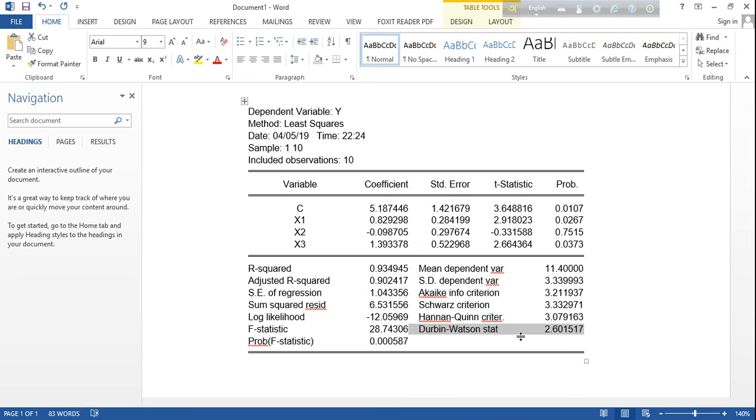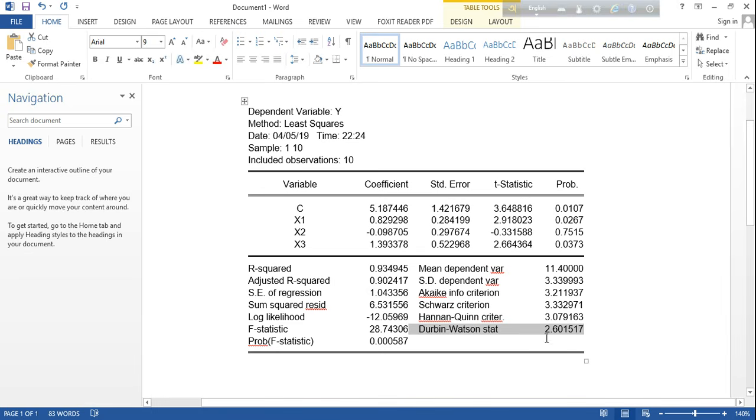On the other hand, if the value is greater than 2, then there is negative autocorrelation. And finally, if the value is 2, then there is no autocorrelation, which is supposed to be for the dataset of a good regression model. I mean, for a good regression model, the Durbin-Watson stat has to be 2 only.